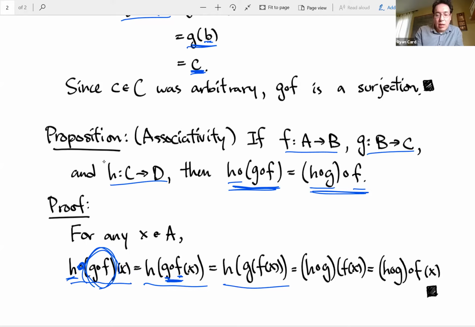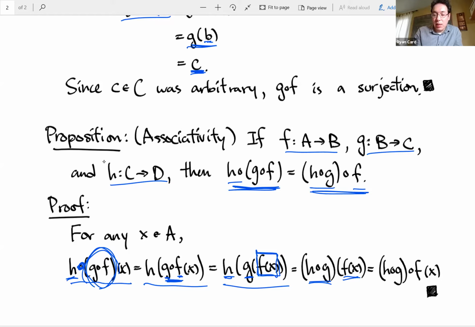Ignoring this f of x for now, g is followed by h in plugging it in. So that's the same thing as the composition, and I could use the definition of the composition, and that's what you're applying to the number f of x.